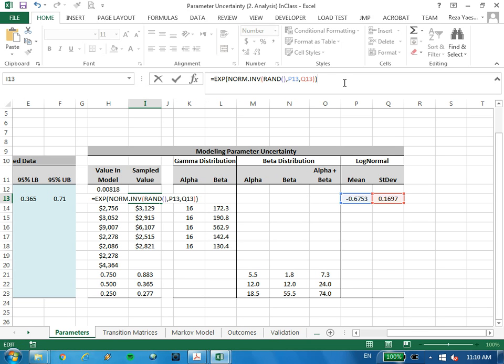So to sample from a log normal distribution, we first generate a sample from a normal distribution and then calculate the exponential.